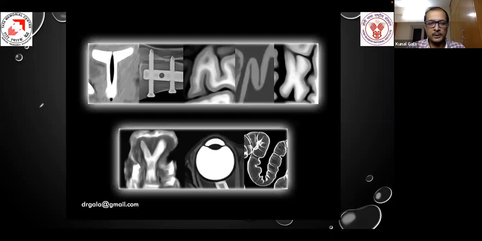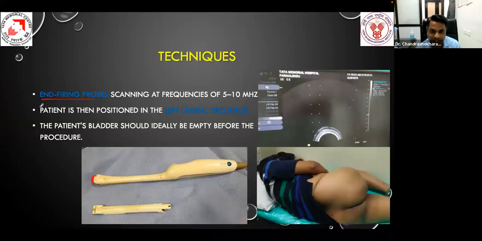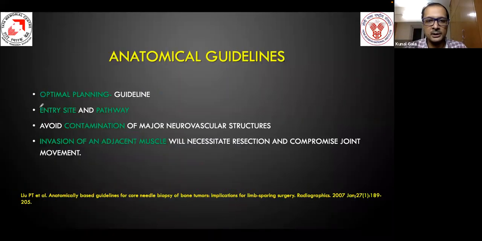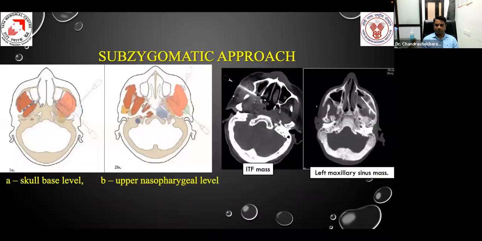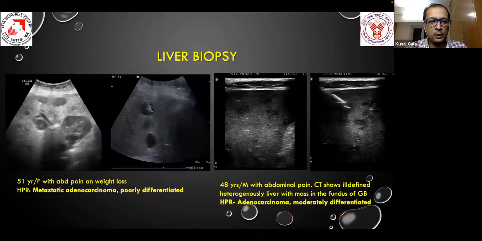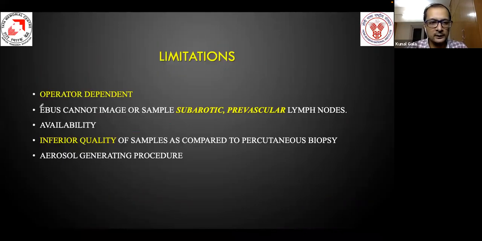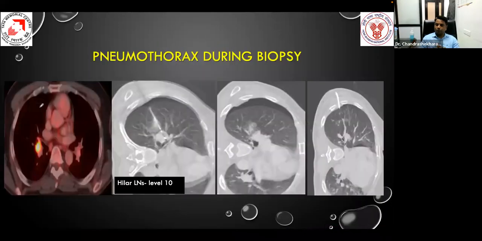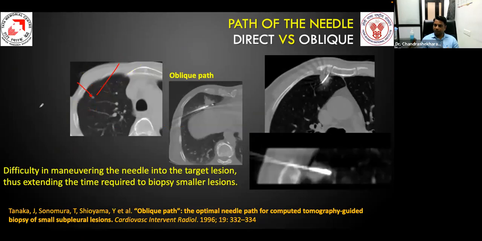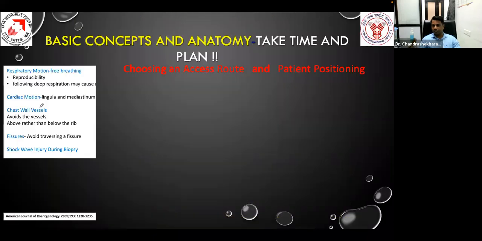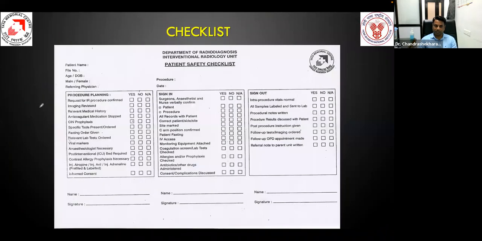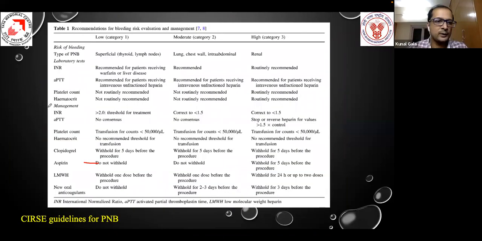I did not go into much detail because there are CIRSE guidelines with recommendations. One can stop warfarin for, I think, 24 hours. But we should always take a history of any drugs the patient is on, which we usually forget to ask. You should have a very good history, so the checklist is the most important.